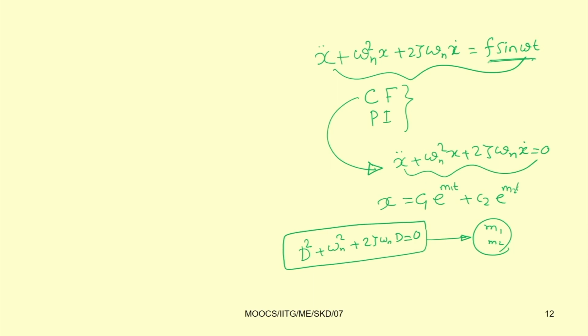After getting the complementary part, you can solve for the particular integral also. The particular integral is the solution obtained by taking the forcing term on the right hand side, and that solution also you already know. So, the total solution x will be the complementary part plus the particular integral.